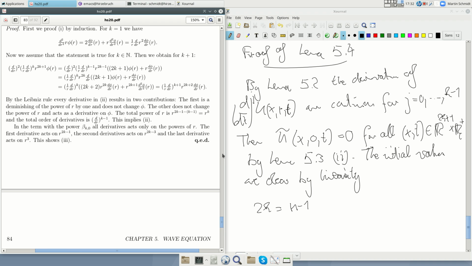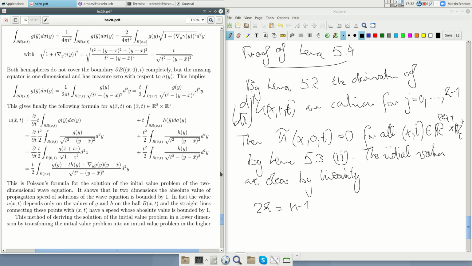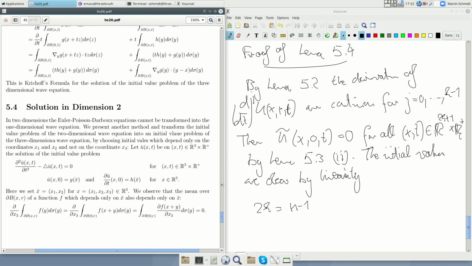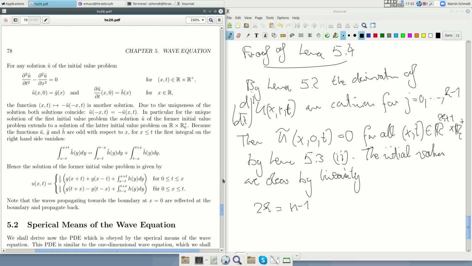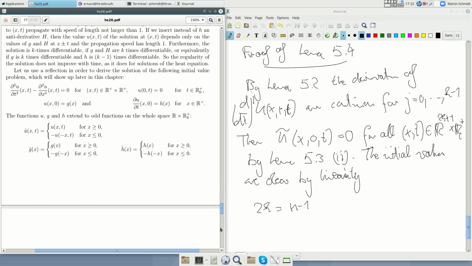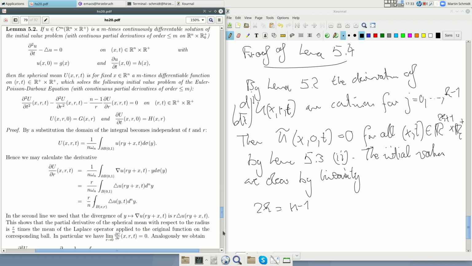And this is exactly what we had in the Euler-Poisson-Darboux equation: n minus 1 over r.